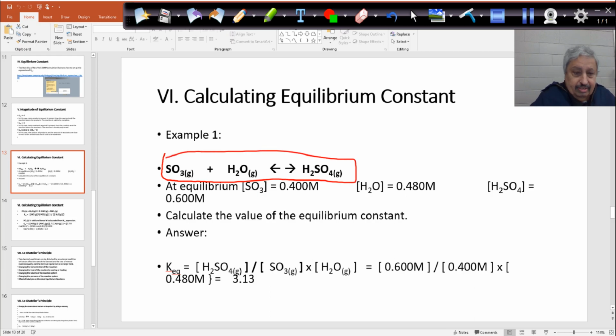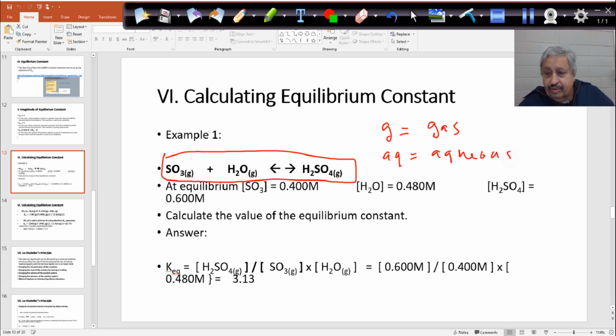Keep in mind that anytime I have the subscript g, it means gas, and we are considering it. Then we have aqueous, those two are considered.